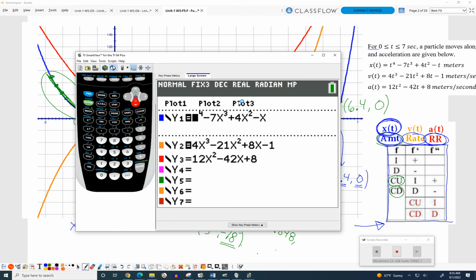So then we go and change it from 0 to 3.